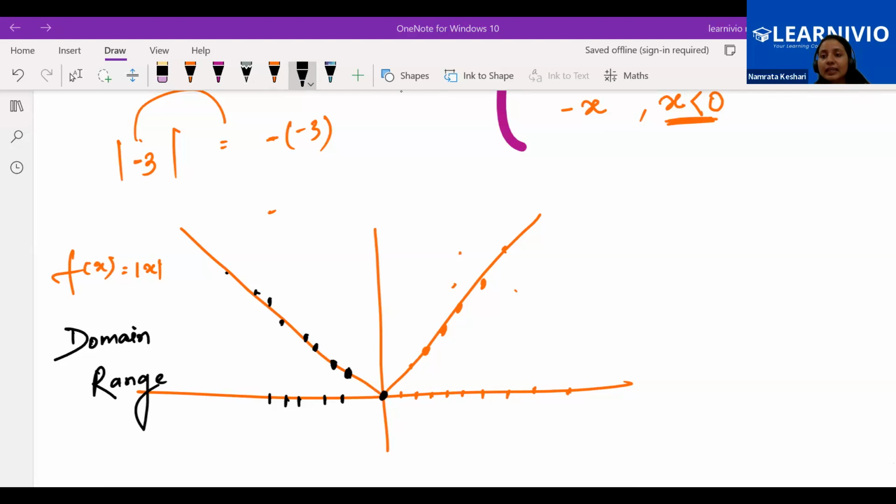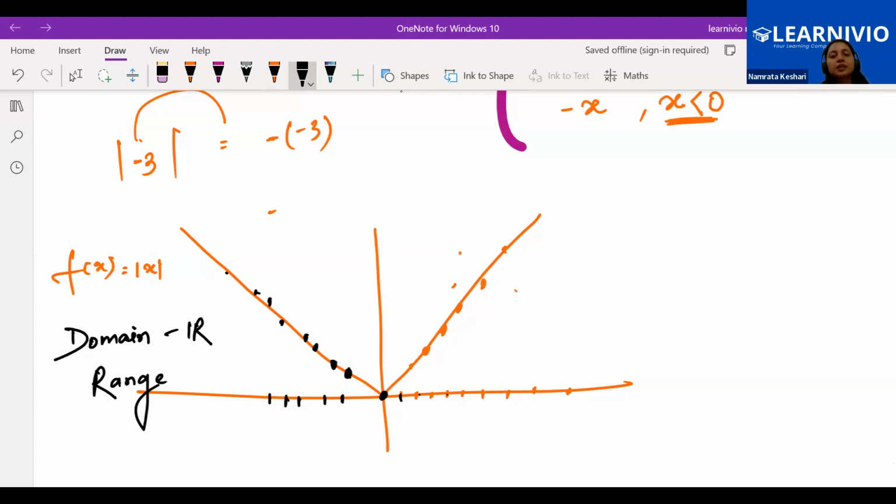We can take anything as the x value. And what is the range? You can check. Here, positive x we can take, negative x we can take. So obviously, all real numbers we can take as x. And what will be the range?